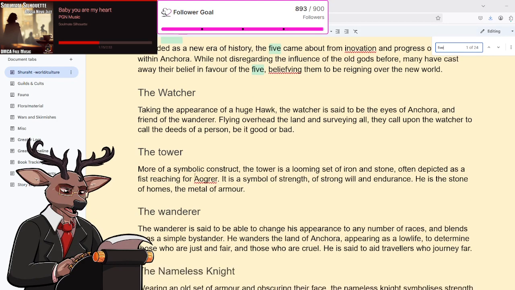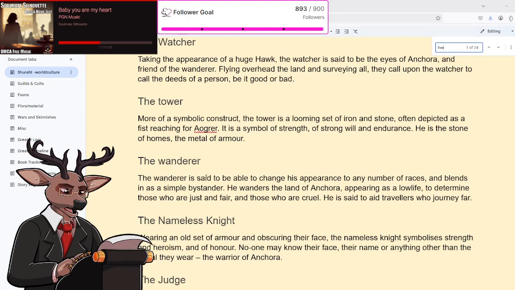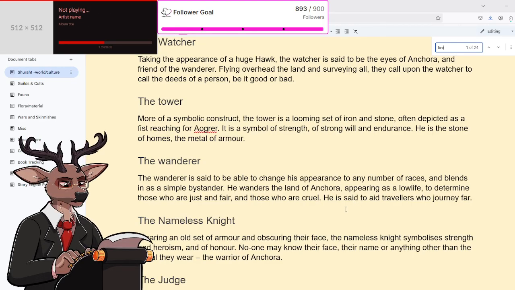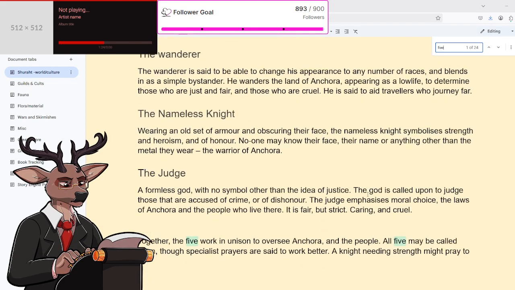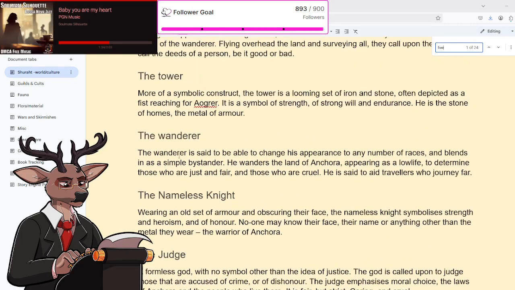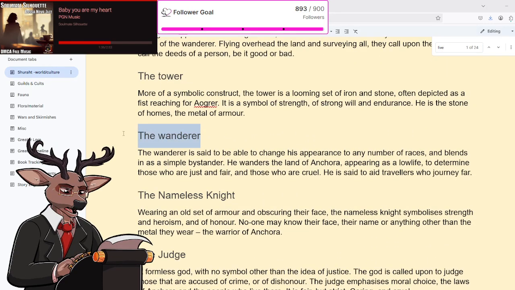So no, the Tower is Might. The Wanderer, said to be able to change his appearance to any number of races and blend in as a simple bystander. He wanders the land of Ancora, appearing as a lowlife to determine those who are just and fair and those who are cruel. He is said to aid travelers who journey far. Yeah, I would follow that as a pilgrim.